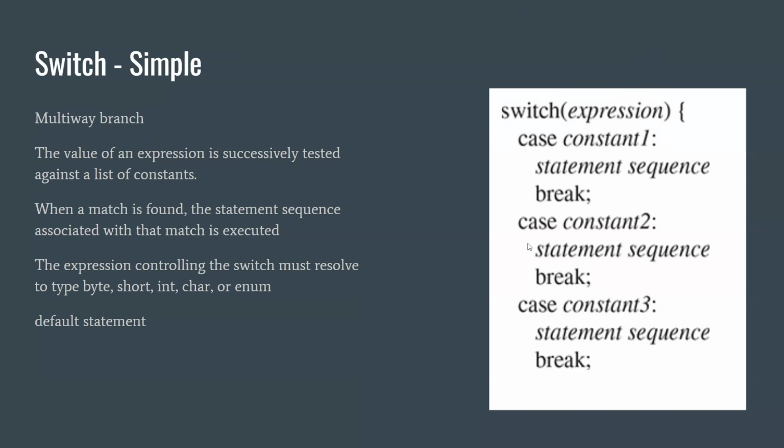We have these cases, and when a match is found, the statement sequence associated with that specific one will be executed. The expression controlling the switch has to resolve to type byte, short, int, char, or enum. You can also add a default statement, so if no match happens, the default statement will run.